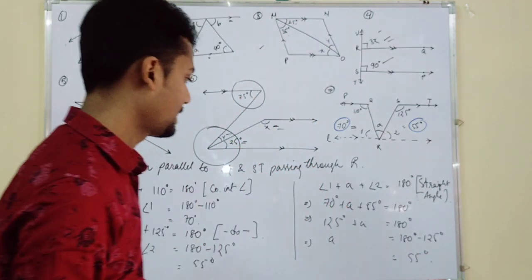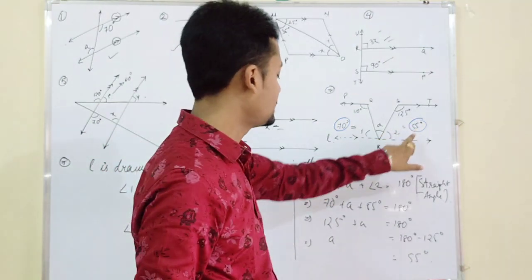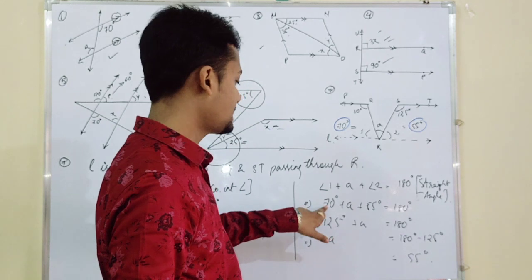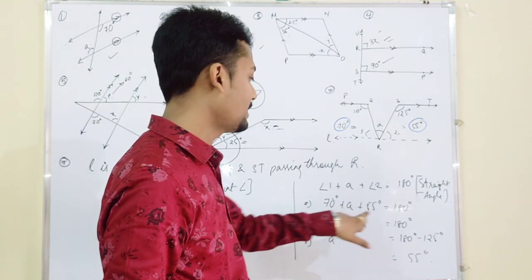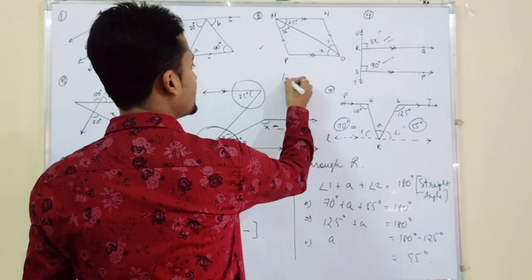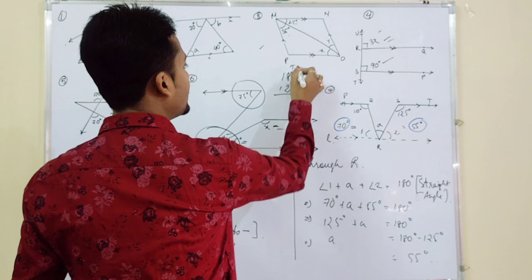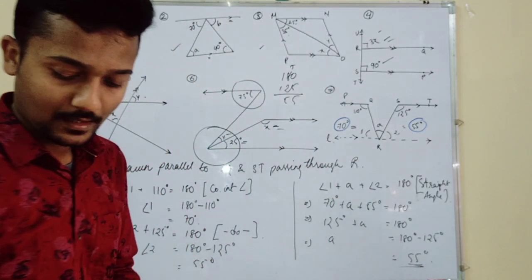Let us check once again. Angle 1 is equal to 70 degree, angle 2 is equal to 55 degree. So 55 plus 70 is equal to how much? 125, isn't it? If we subtract from 180, check once again. 180 minus 125, 5, then 5. So it will be 55 degree.